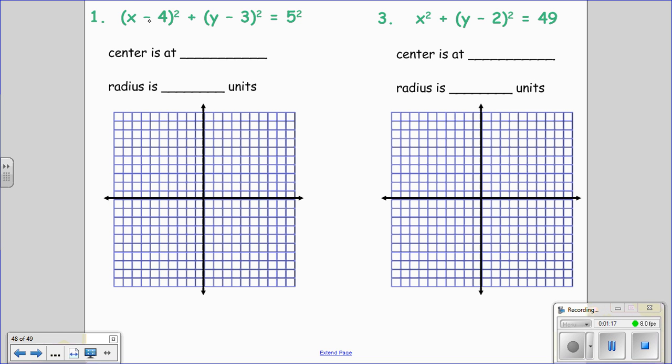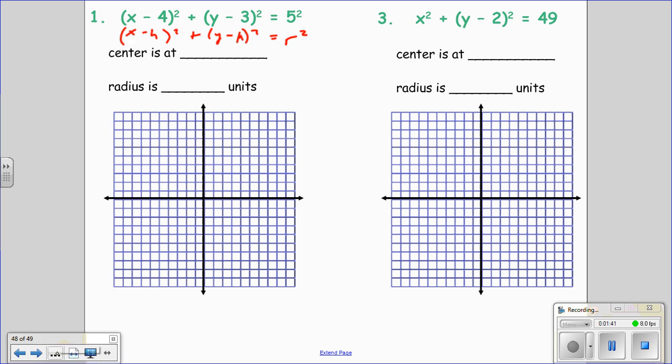So, in order to identify the center and radius, it's probably best to write the generic form of the equation directly underneath. The generic form is (x minus h) squared plus (y minus k) squared equals radius squared.